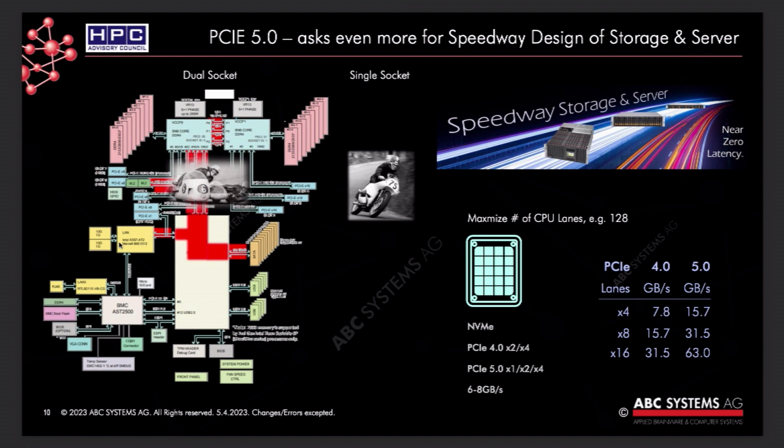Now let's have a look at the performance here. And please keep in mind, we are looking at I/O and not at calculation, which is a different view. When you have to do a lot of calculations, you may go with a two-socket design.